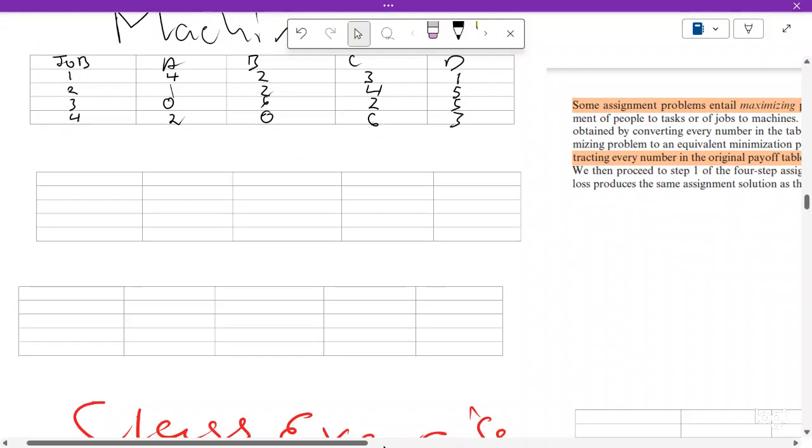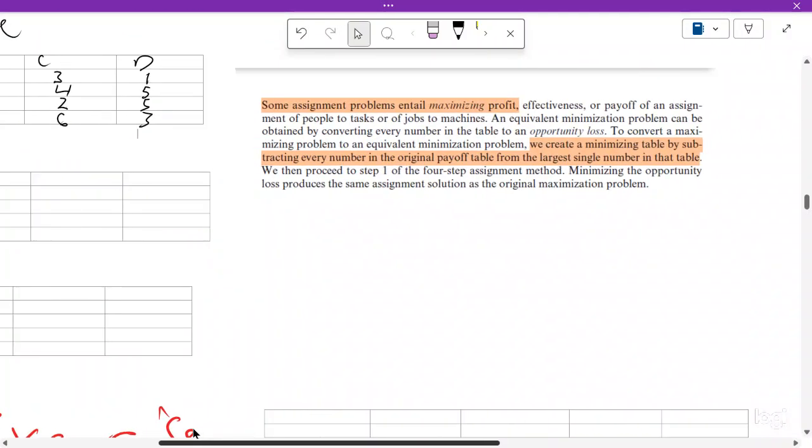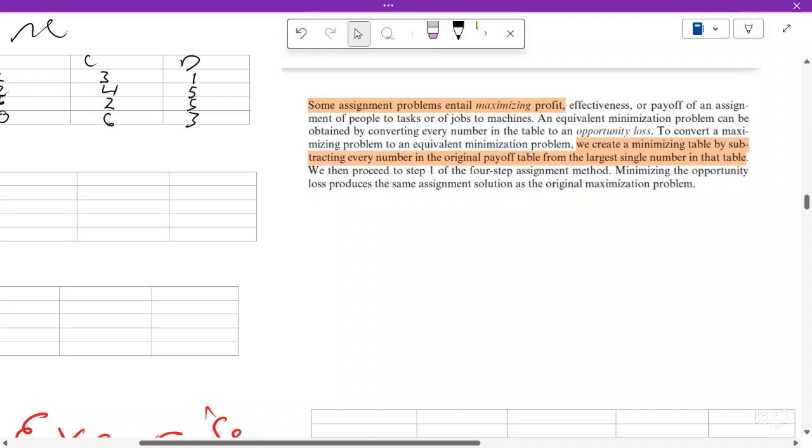And here is the disclaimer. Some assignment problems entail maximizing profit, effectiveness, or payoff on an assignment of people to tasks, or of jobs to machines. An equivalent minimization problem can be obtained by converting every number in the table to an opportunity loss.